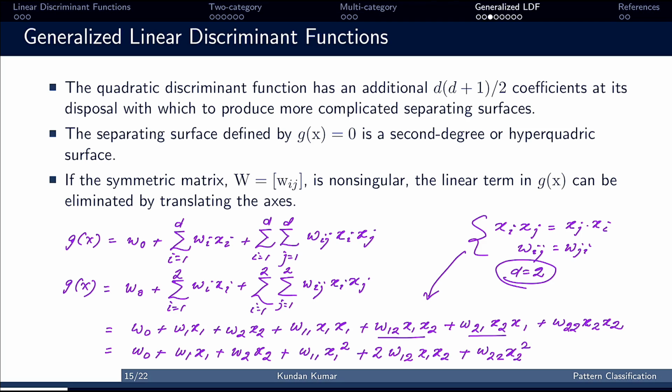So this was the linear term, and you can see these are the extra terms when we add the quadratic term in the discriminant function.